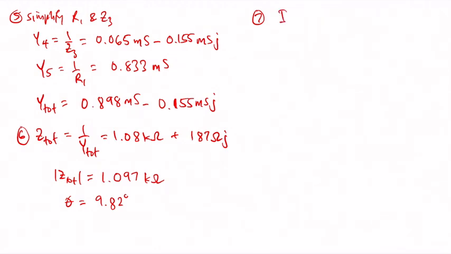The current is equal to V sub S divided by Z total. V sub S here is 18 volts and Z total is 1.097 kilo ohms. So the current is 16.4 milliamperes.